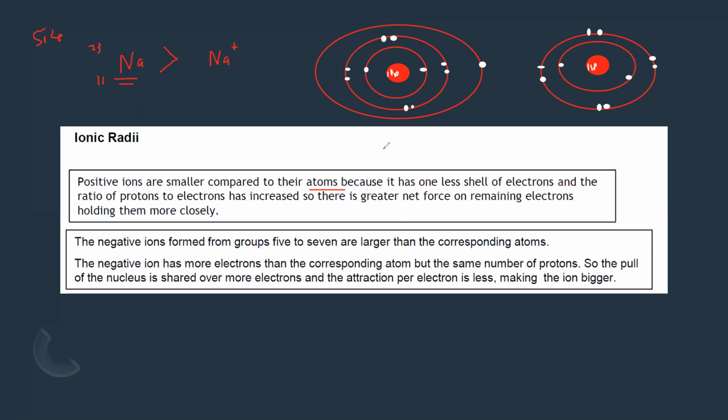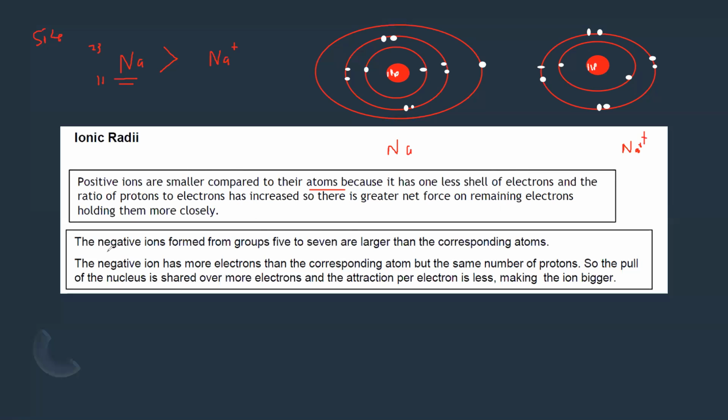As you can see, when you compare the sodium atom with the sodium ion, there are fewer electron shells in the positive ion as compared to the sodium atom. That's why you will observe that the size of the positive ion is smaller as compared to that of the atom.